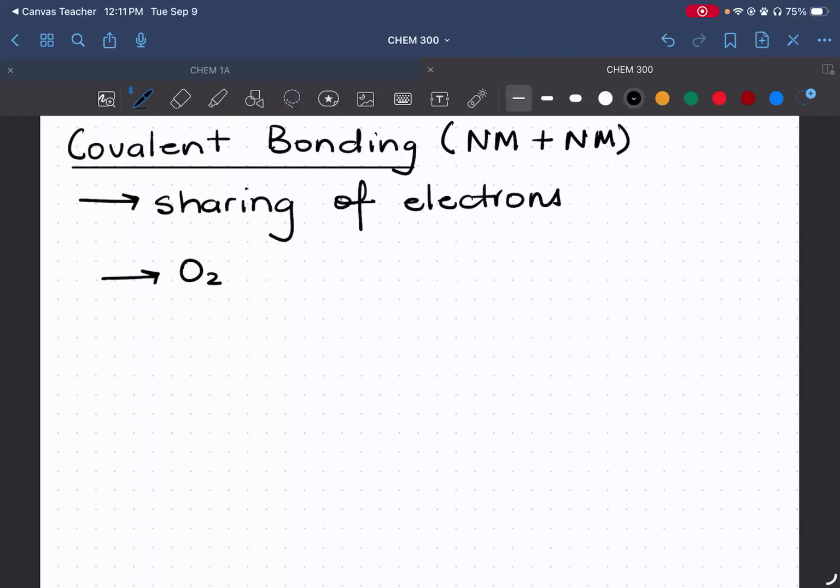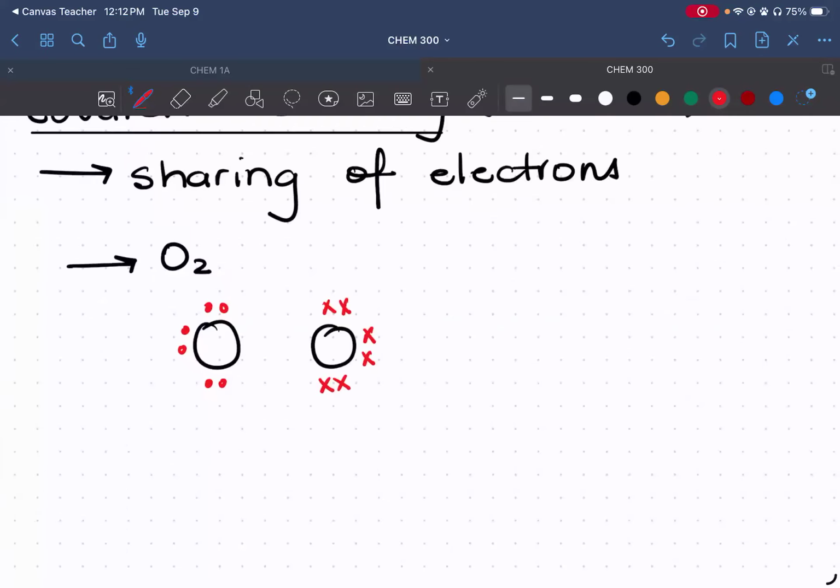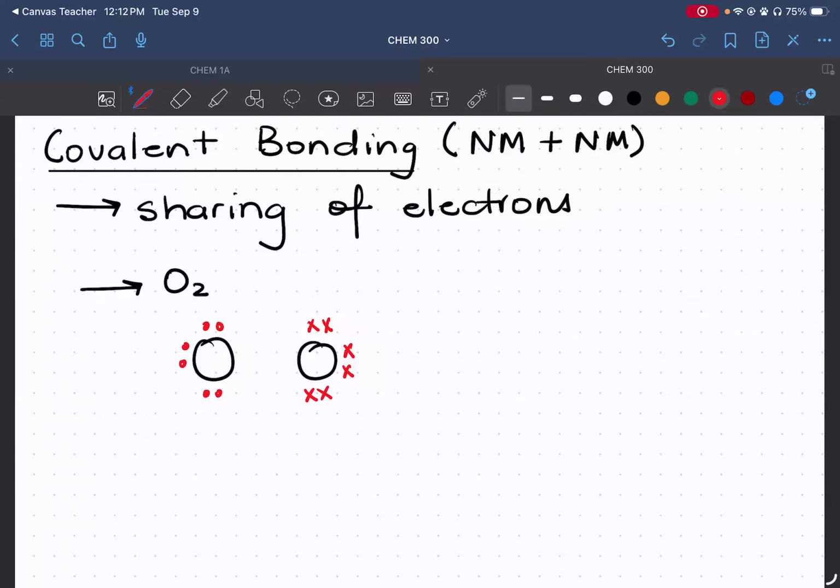All right. So we have 2 oxygen atoms that are coming together. They're each in group 16, so we know they'll each have 6 electrons. Just to separate them, I'm drawing one of the electrons as an X and the other as a dot, just to make it clear that these are from separate atoms. And we know that these atoms want an octet. They want 8 in total.